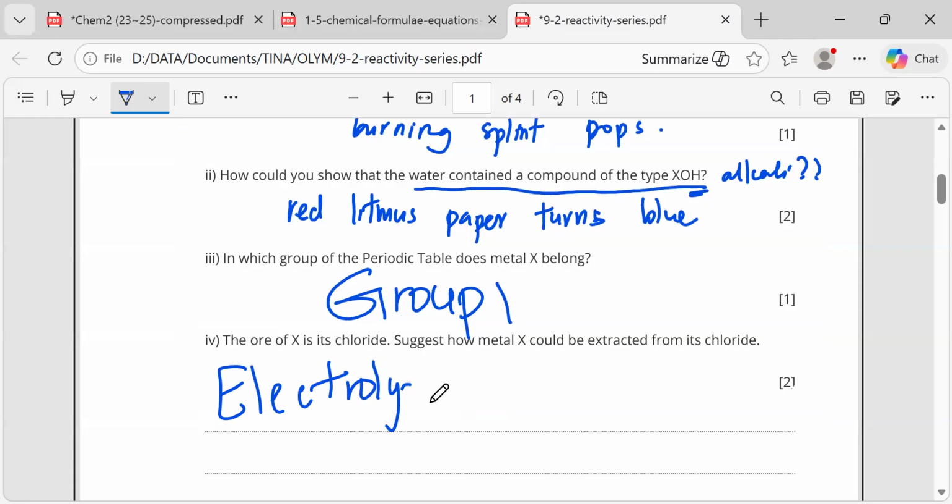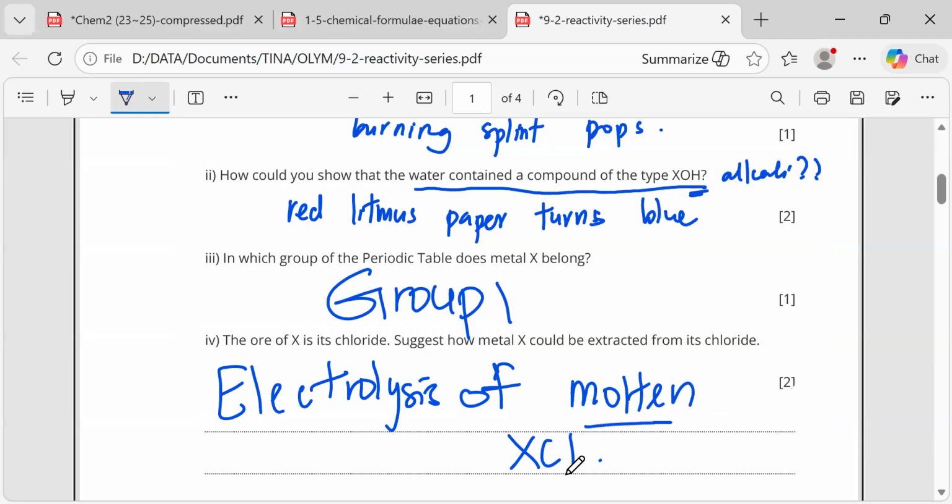Electrolysis of molten or aqueous? I want to get group one metal, molten or aqueous. See how clever you are when someone shouts at you? Of molten X chloride.